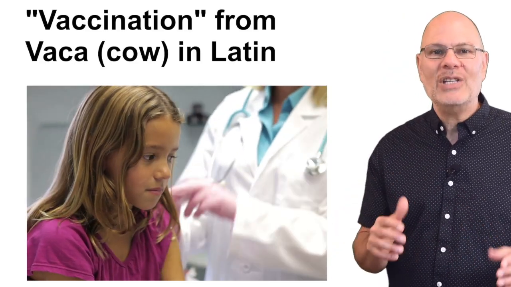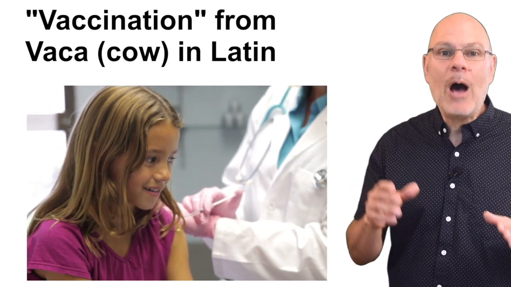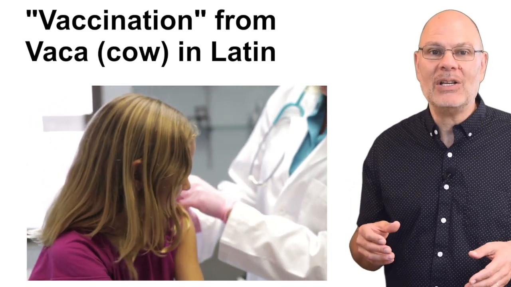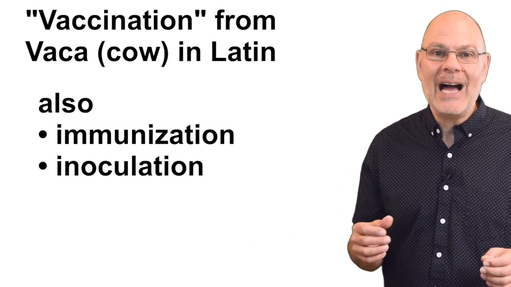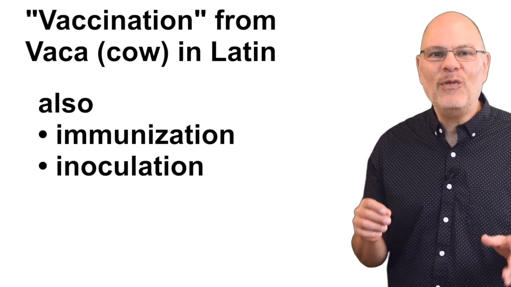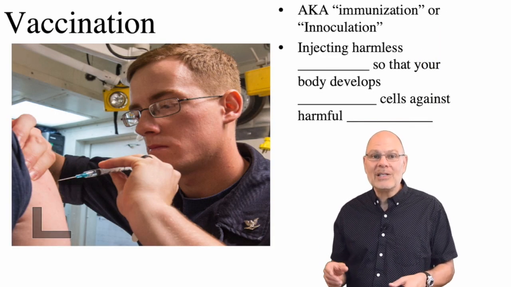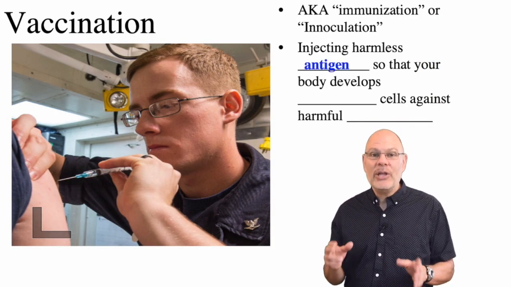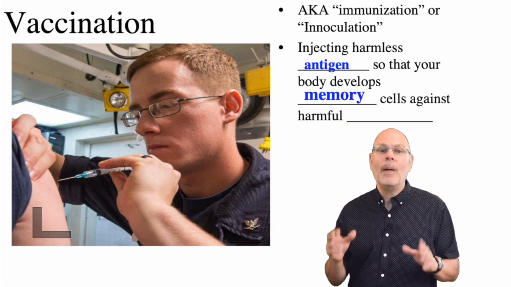The word vaccination comes from the word cow, vaca, and it relates to the cowpox origins of this practice. This practice is also called immunization or inoculation. So let's see if you can fill in the blanks here. Vaccination involves injecting harmless antigens so that your body develops memory cells against harmful pathogens.